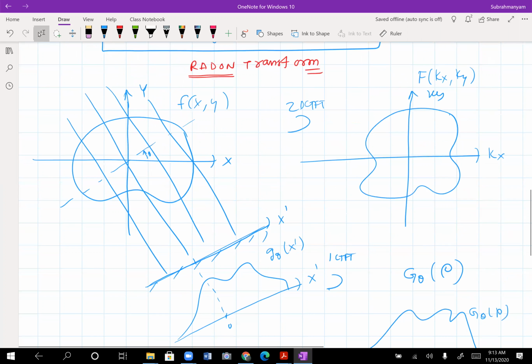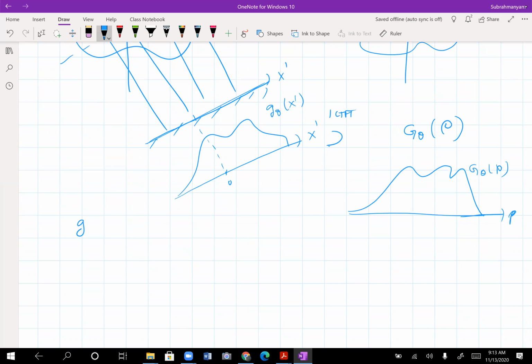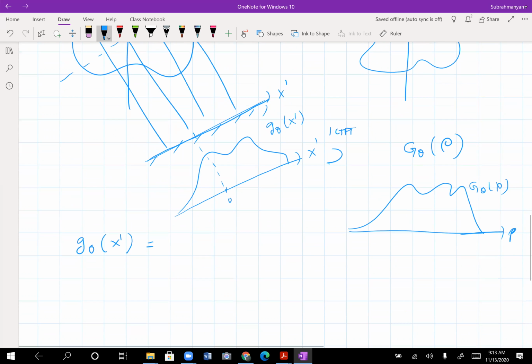How is this related to F of kx, ky? What was the relation we arrived at the end? We started with the simple projection parallel to the y-axis, right? And what did that correspond to? If I am projecting the x-rays parallel to the y-axis and computing the Fourier transform, what does that correspond to? In other words, my theta is 0 here, then I got an x prime there, and for this I have taken a CTFT.